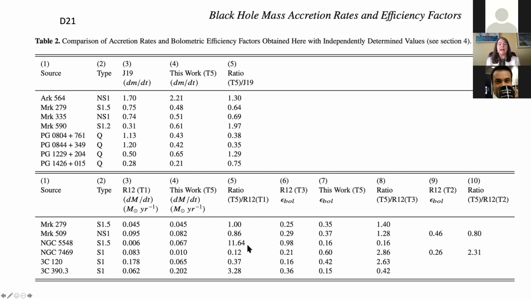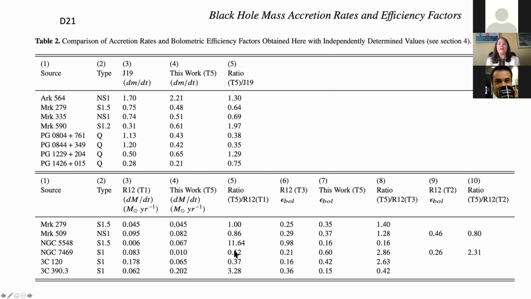We did get some observing time, myself and some collaborators, where we are going to have simultaneous radio and X-ray data for a substantial number of local sources with mass accretion rates determined using methods like Raimundo et al. and Zhang et al., and spins obtained with the X-ray reflection method.